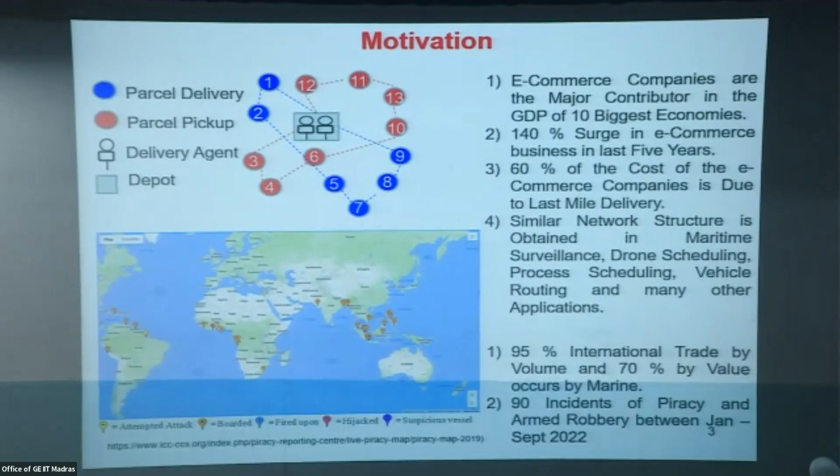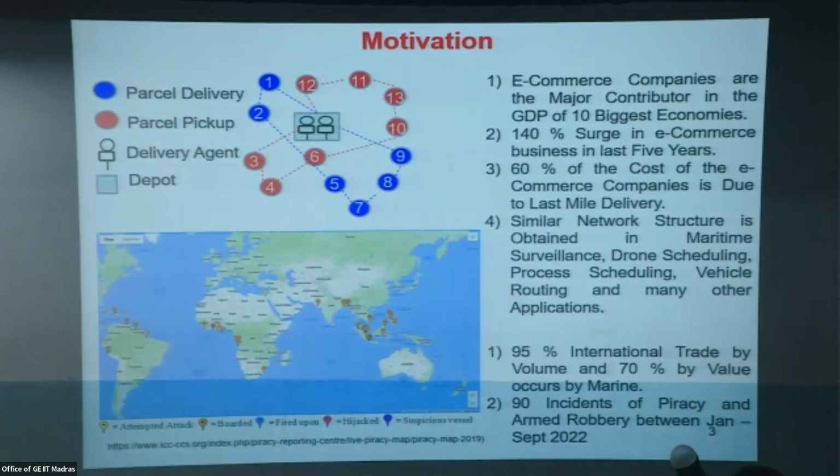Other than the economies, these problems are also important for security purposes. For instance, in this particular graph, you can see that there are several locations where there are attempted attacks, fired upon, hijacked, and suspicious vessels reported at sea.